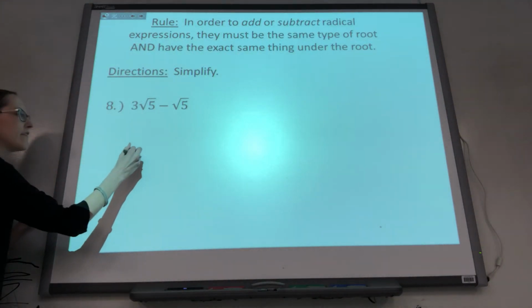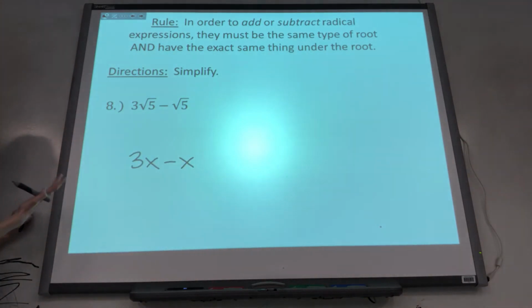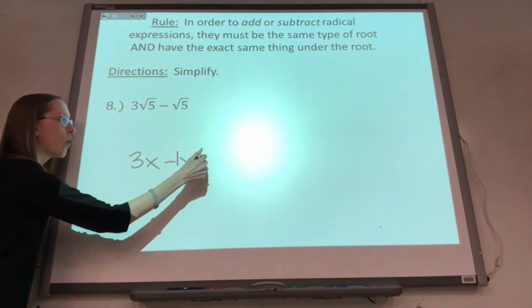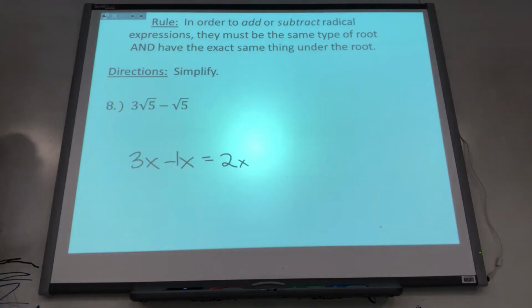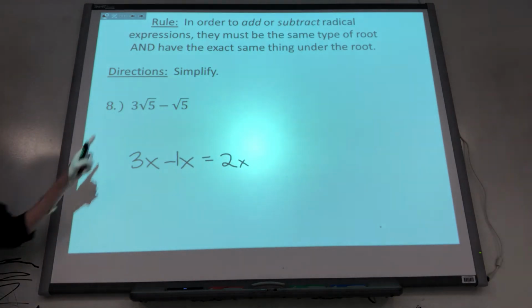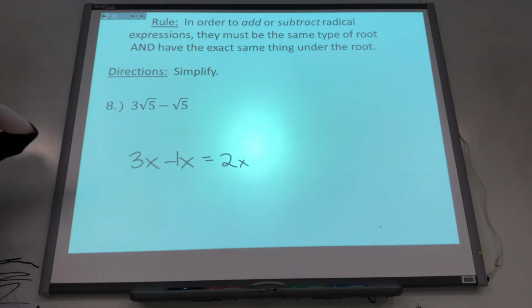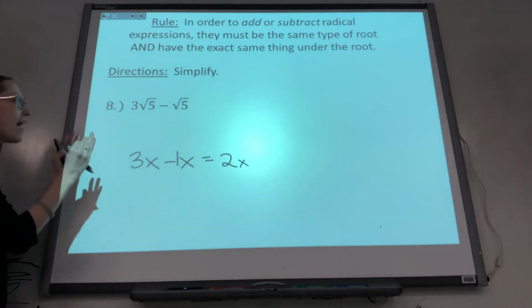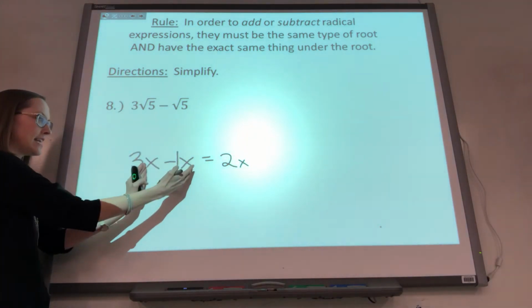It's kind of like if you had 3x minus x. You don't just get rid of the x's. This is kind of like a 1x. So 3 minus 1, that would be 2x. Same idea up here. You don't really do anything with the square root of 5s. Those are just kind of labels, like the x's were.